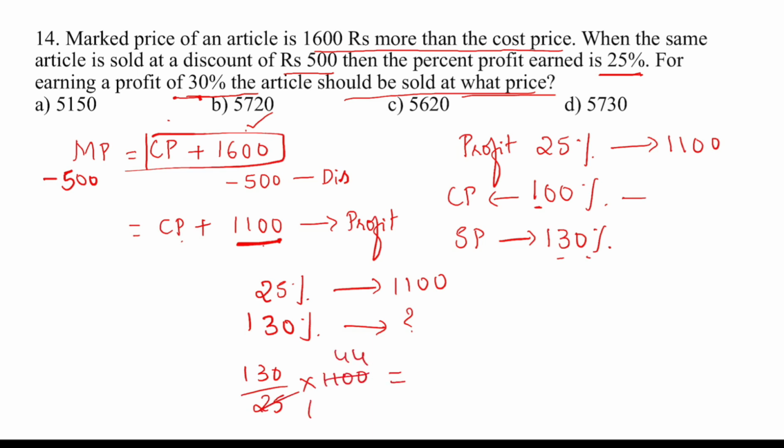So 130 into 44 will give us 5720 rupees. So this is the selling price at which the article should be sold to make 30% profit.